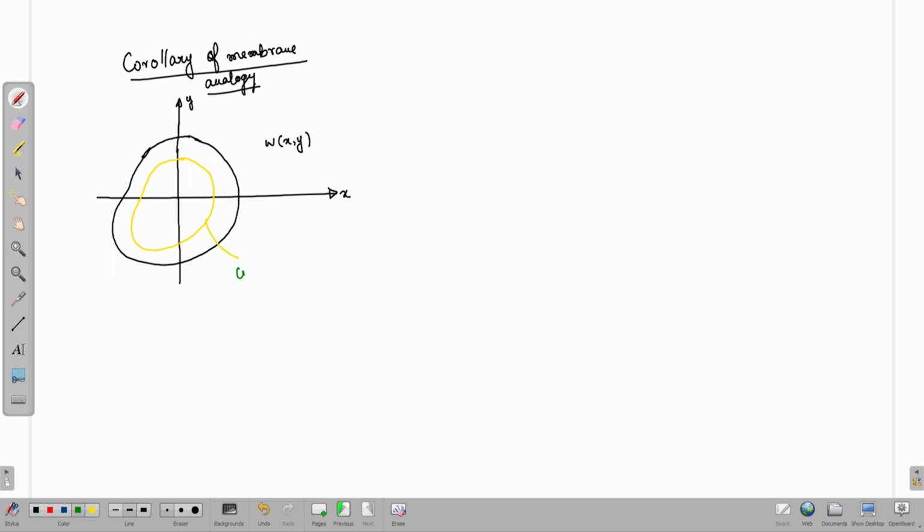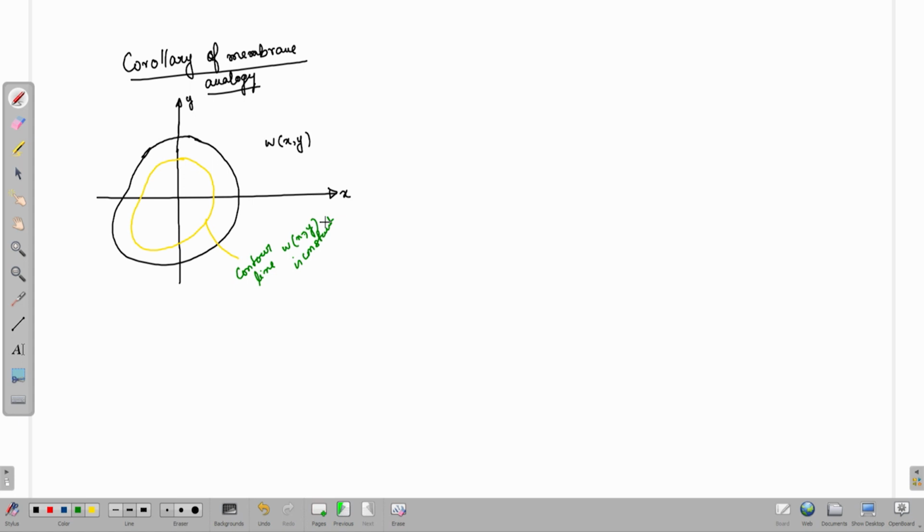These are contour lines where W, which is a function of x and y, is constant. So, the usual meaning of a contour line: I take the membrane and draw the lines along which W is constant, the line connecting the points with constant displacement, which is called the contour line. Now, let us see what is the property of the contour line.